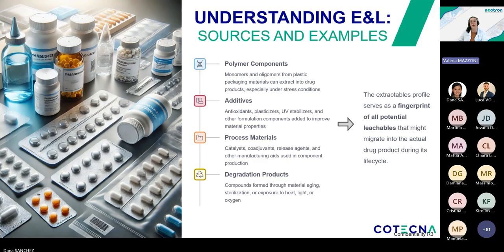Many of these additives are necessary for performance or manufacturability, but they can become unintentional contaminants if not properly evaluated. So understanding the difference between extractables and leachables and identifying their potential sources is the first step in designing an effective extractable and leachable strategy.